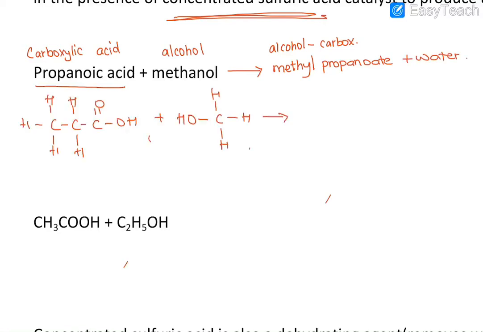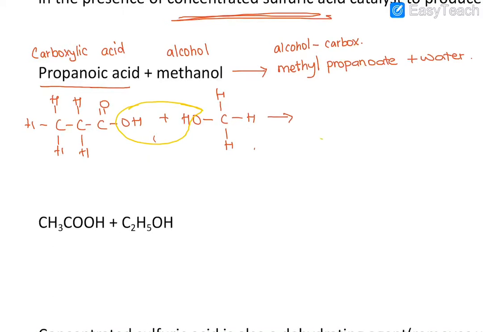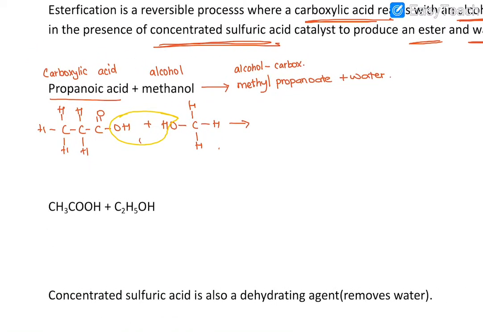Let's draw the product. So you have the propanoic acid and then you have methanol. And when you're forming the ester bond, you're going to have the removal of water. So here you have water that is being removed. Therefore, this carbon now is bonded to this oxygen. The arrow does not mean that it's a mechanism.